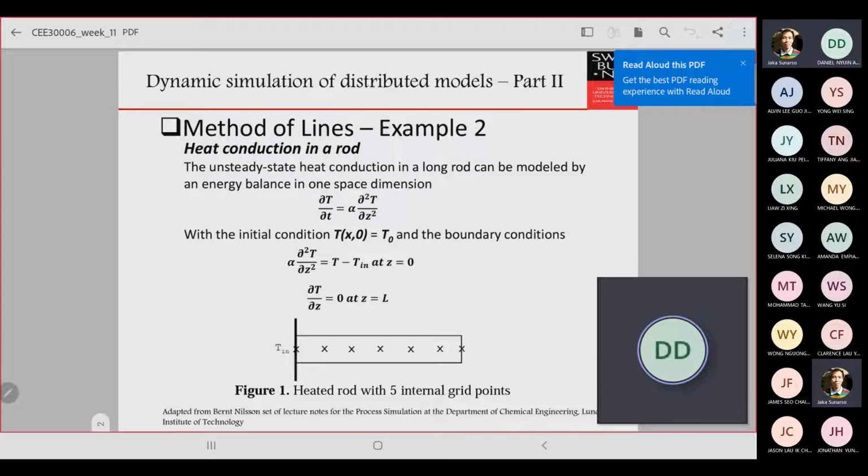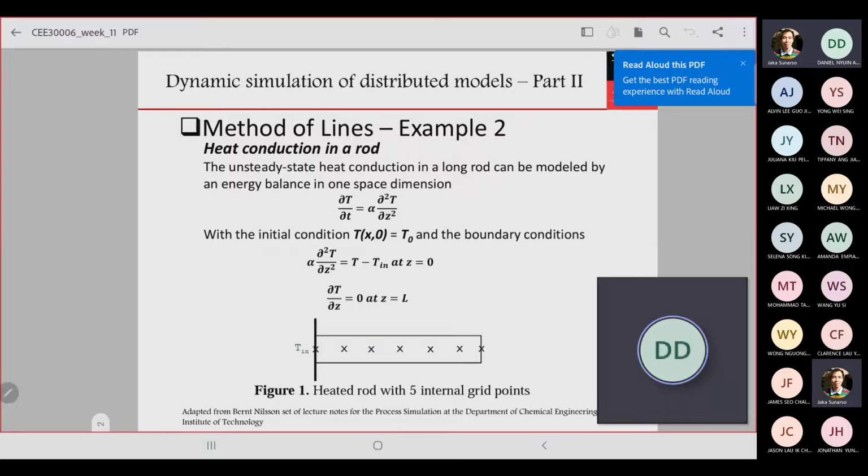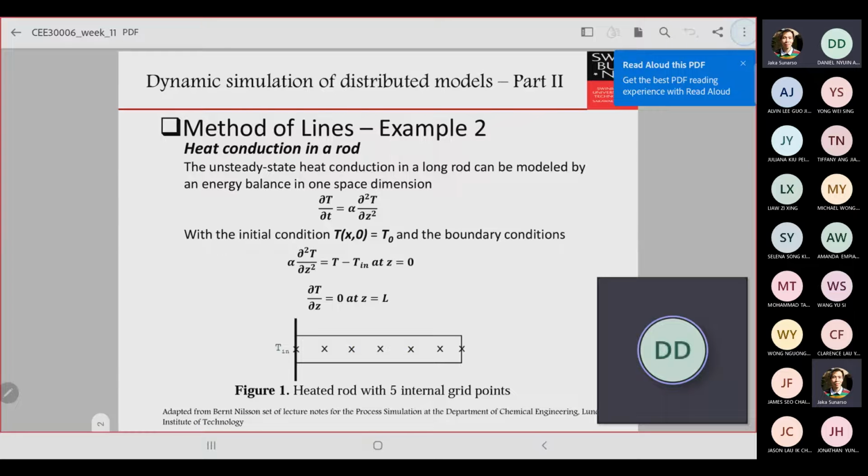The z coordinate here is only in one dimension. If you take the wall here, basically this is the position where z is equal to 0, and as we go out to the end, the position will be equal to L, okay? So now we have two boundary conditions.